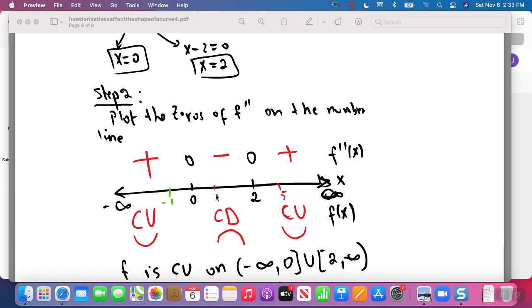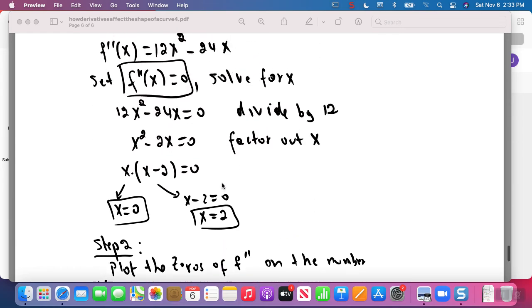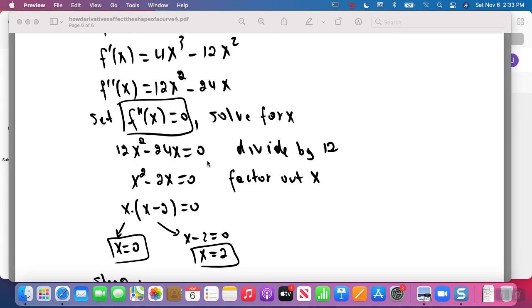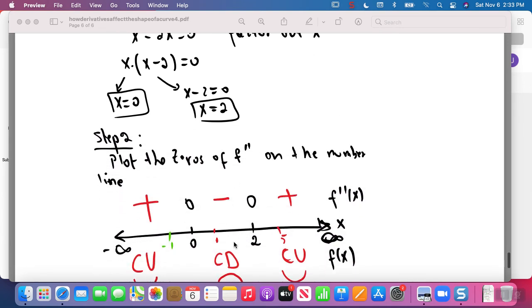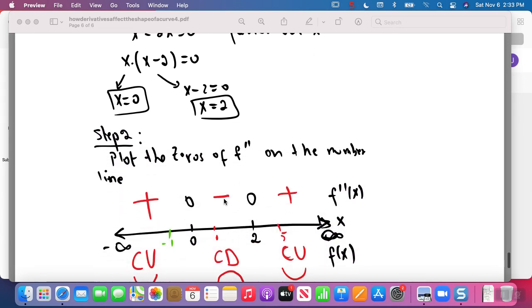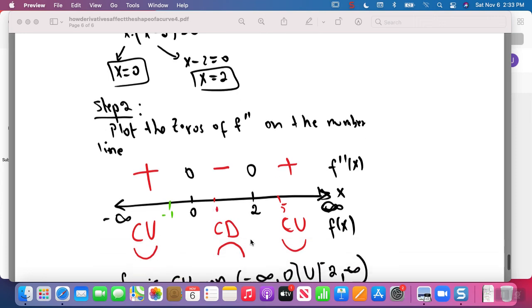Then you go to the second interval, you pick the number 1, for example, into the second derivative function. You get 12 minus 24, which is negative. So we know the second derivative is negative on this interval 0 to 2. By the concavity test, the function is concave downward on 0 to 2.